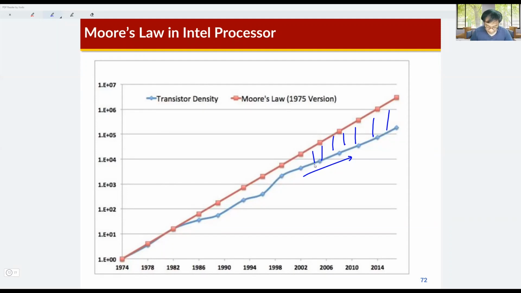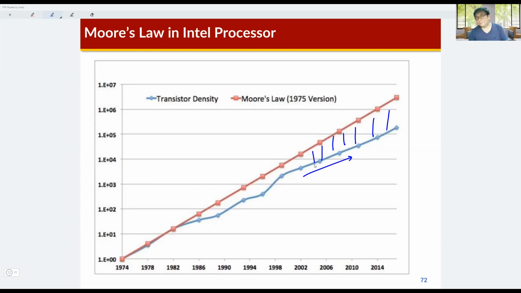But the end of Moore's law means it's very difficult to scale down the size of the transistor, and that means it's not easy to make better transistors in the future. But we are facing the end of Moore's law.